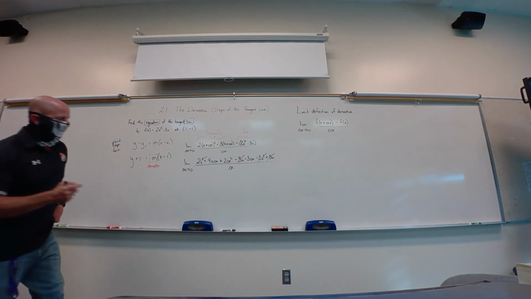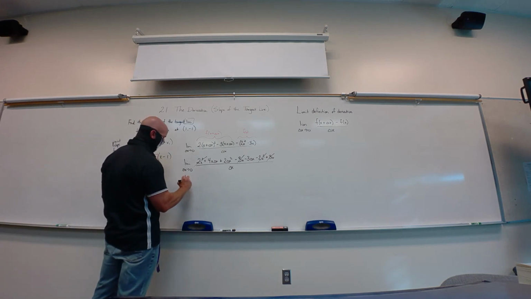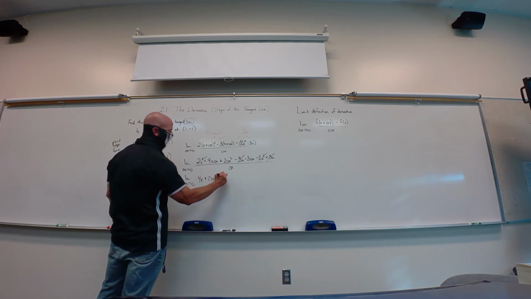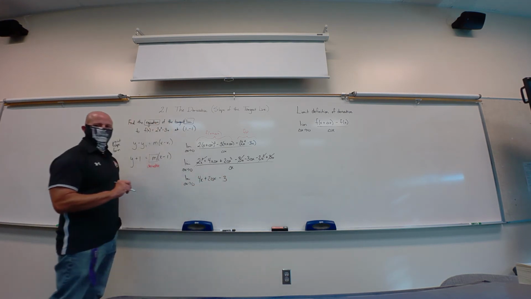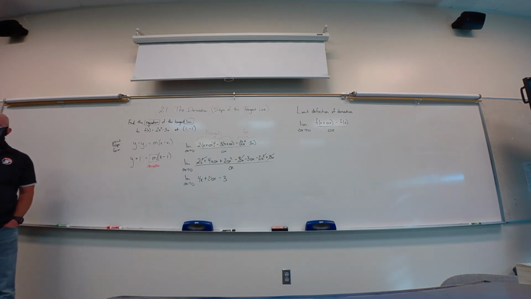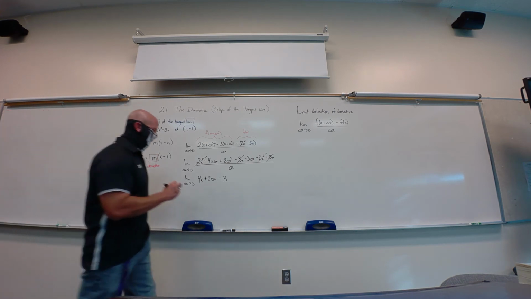All right, so I'm going to rewrite it without the delta x. Limit as delta x approaches 0 of 4x plus 2 delta x minus 3. You good there? Okay, so now as delta x goes to 0, what does this equal? 4x minus 3.